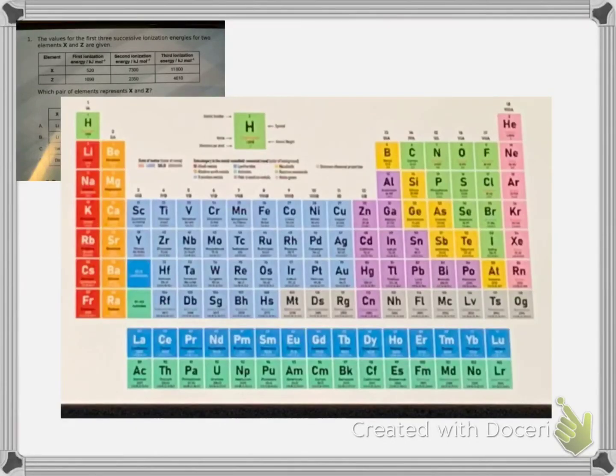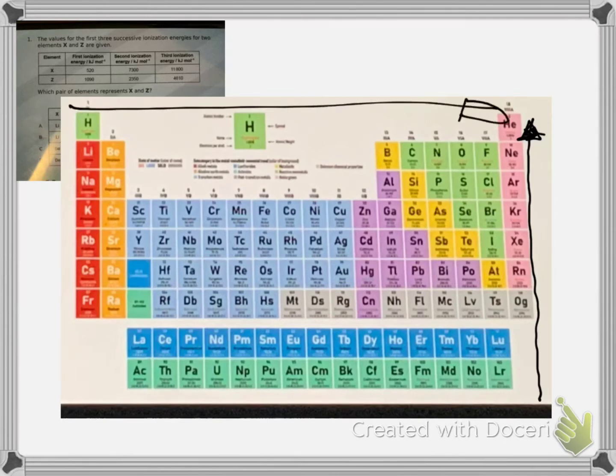Generally, the trend of ionization energy is that it increases as you go up a group, and it also increases as you go right through a period.